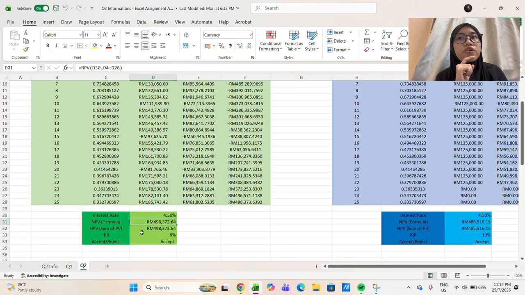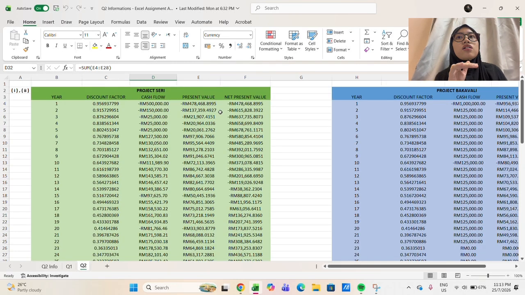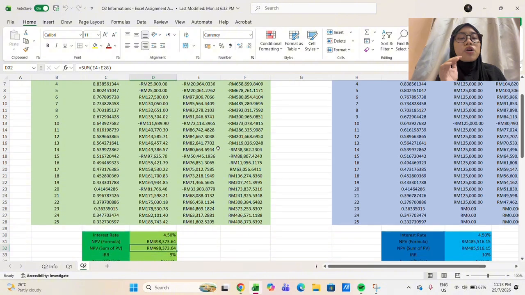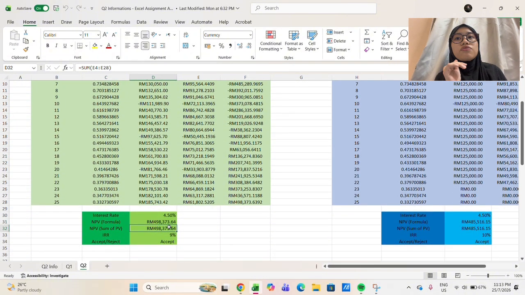But for the NPV sum of PV, I just use a formula where I sum all of the present value from year 1 until year 25.